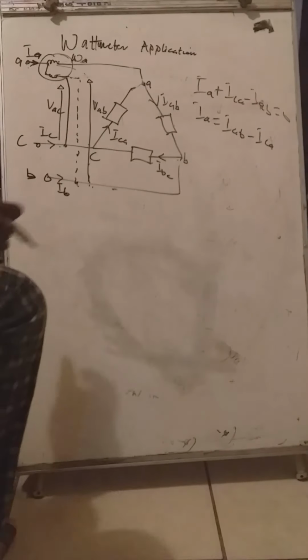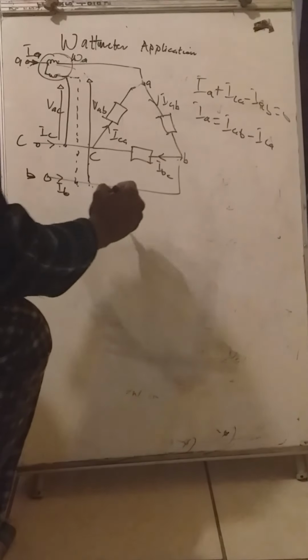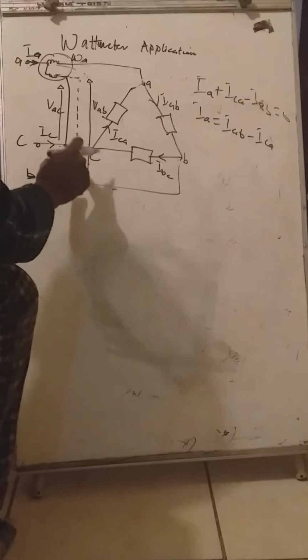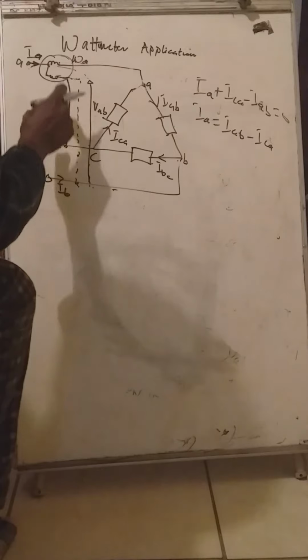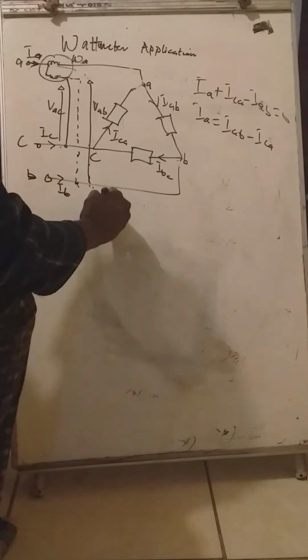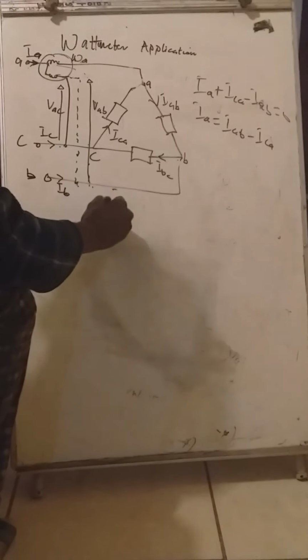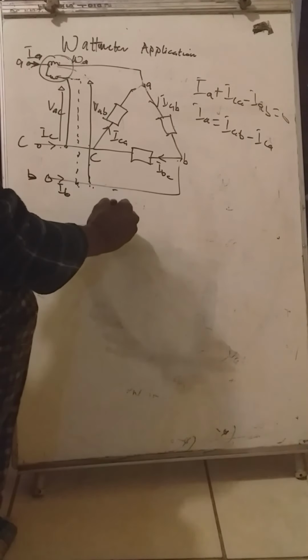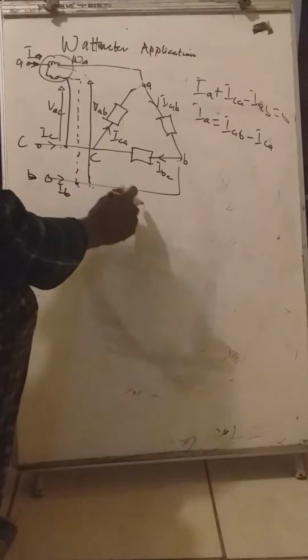If the voltage leg is connected to line C, then we have WA, which is the wattmeter reading in A. We want to determine the wattmeter reading in A while the voltage leg is connected to C and the current is going through.